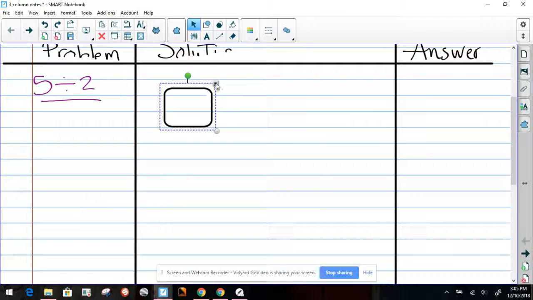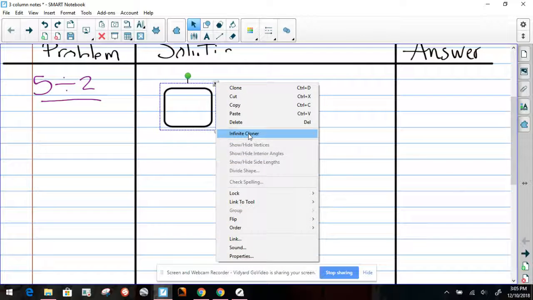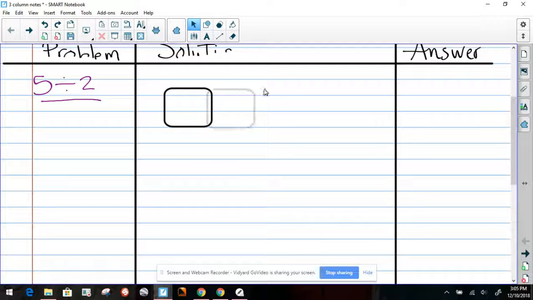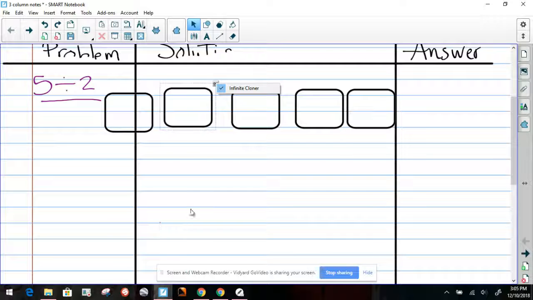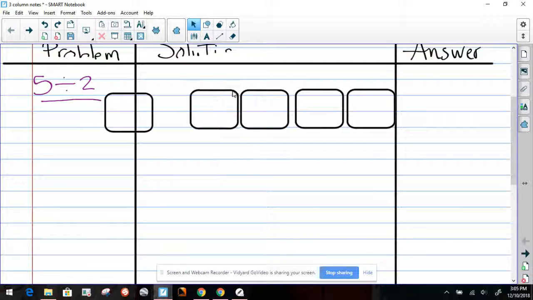So we're going to clone this thing right here, infinite cloner, and we need 5 sandwiches. 1, 2, 3, 4, and we're gonna need one more, 5. Okay, so now we have 5 sandwiches, and we are gonna be able to share it.